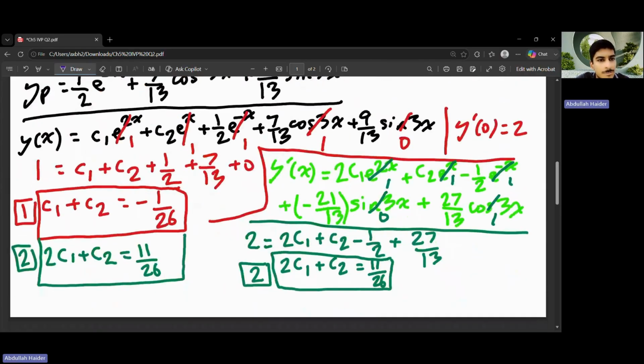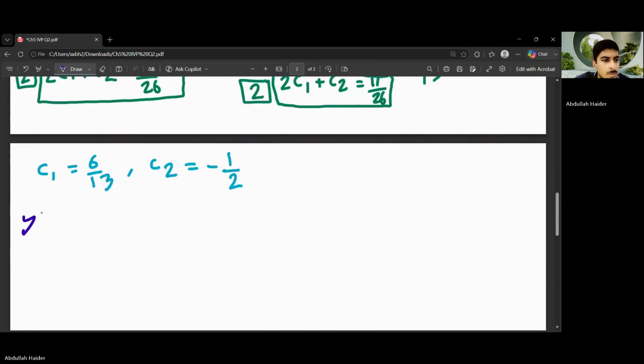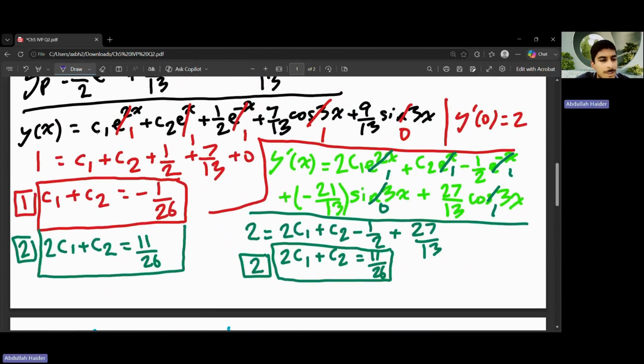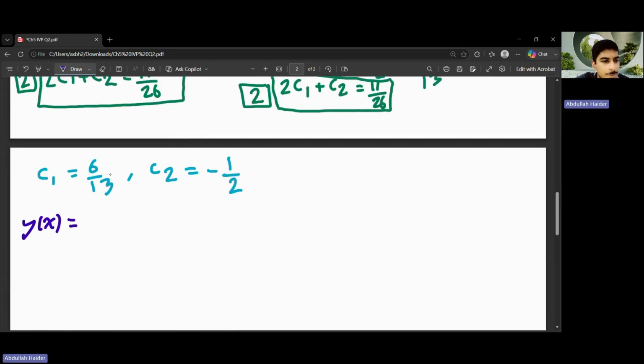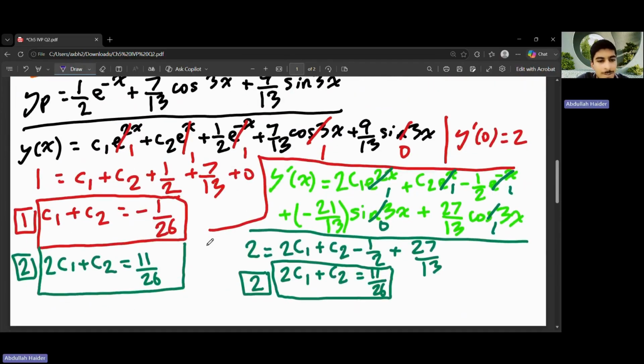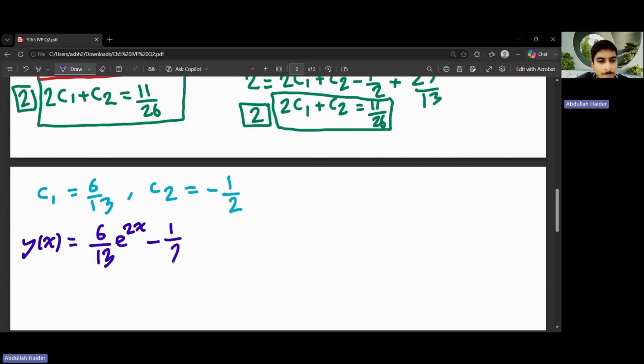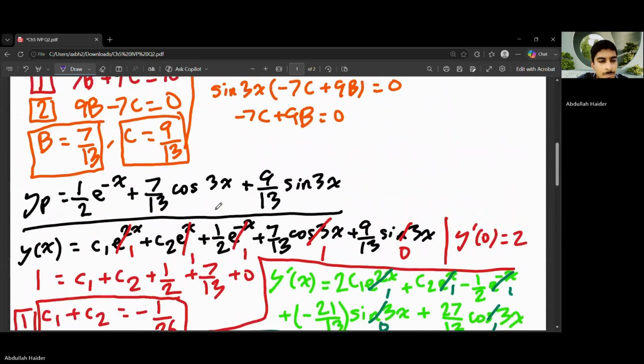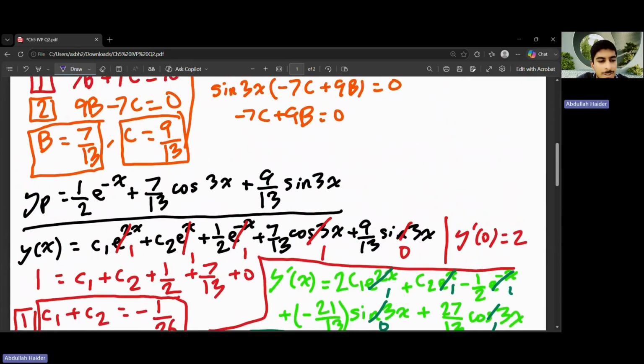So y of x is equal to C1 is 6 over 13 e power 2x plus, I think it's not a plus, it would be a minus, C2 e power x. C2 is minus half, so minus half e power x. And you write the yp as it is.